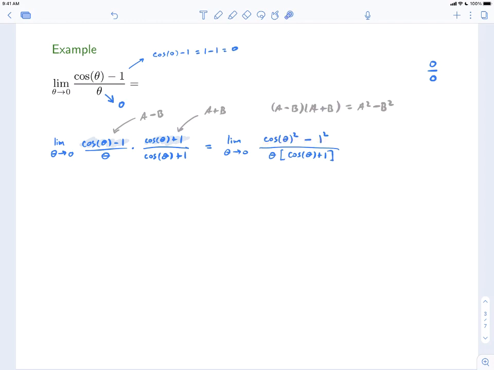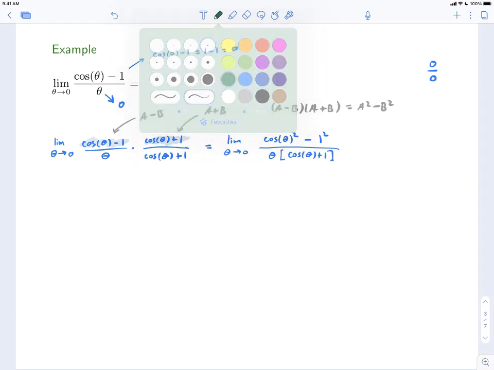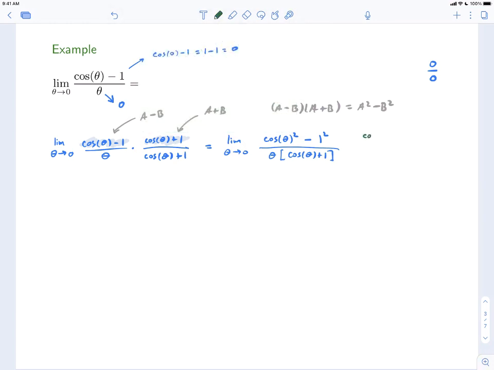This numerator we're going to rewrite using the Pythagorean theorem. If we start with the Pythagorean theorem, we have cosine of theta squared plus sine of theta squared equals 1. If we subtract 1 from both sides, and then subtract sine of theta squared from both sides, we see that cosine squared minus 1 is the opposite of sine theta squared.